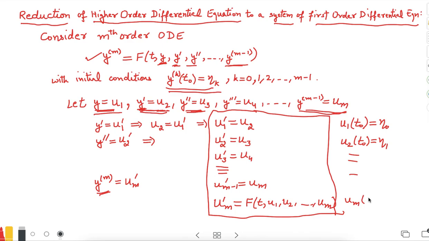um at t naught will be the last term, which is the (m minus 1)th derivative of y at t naught, which is eta of m minus 1.